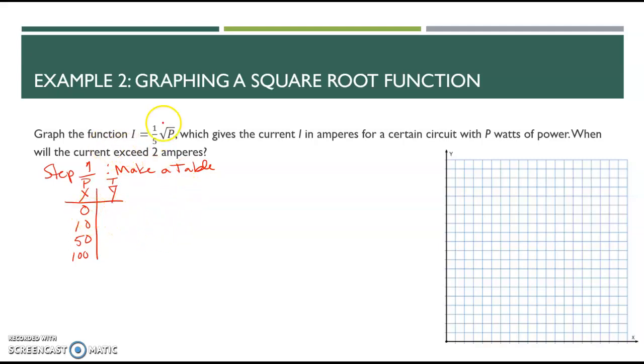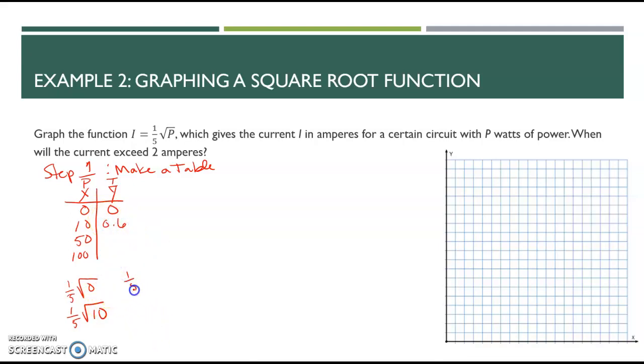All right, so when I plug in, because that's how we get our Y, or in this case our I values, we're going to do 1/5 of the square root of 0. Square root of 0 is 0, 1/5 of 0 is 0. And then 1/5 of the square root of 10. I plug that into the calculator and I end up with 0.6.